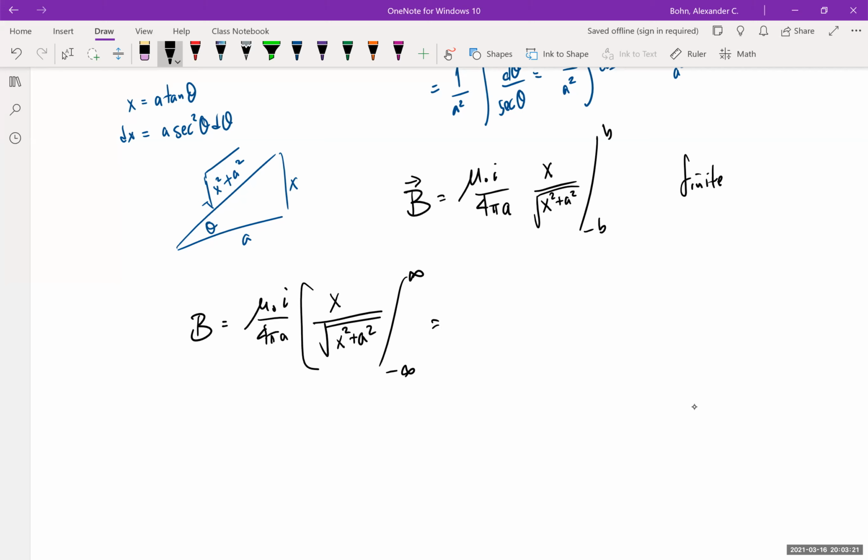If x is, this is going to be mu I over 4 pi a, plug in positive infinity.